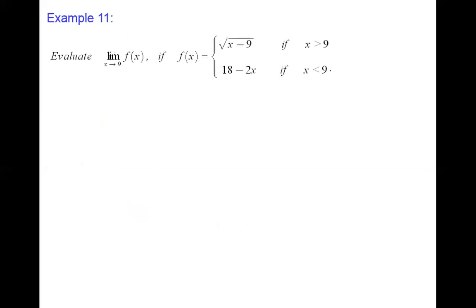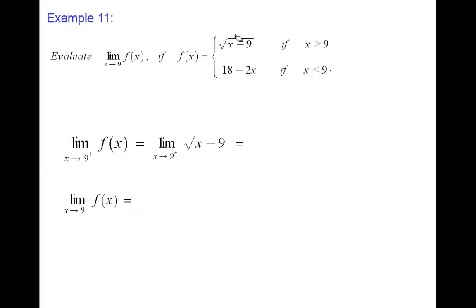Okay, now let's look at this one. We have a piecewise defined function, a different formula for x greater than 9, a different formula for x less than 9, with no value at 9, and we still have to find a limit. This time we will use one-sided limits: the limit from the right-hand side and the limit from the left-hand side.